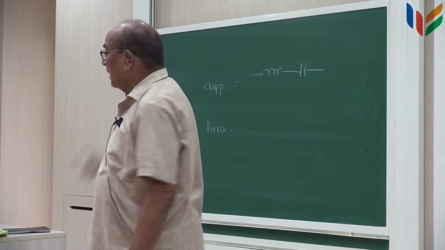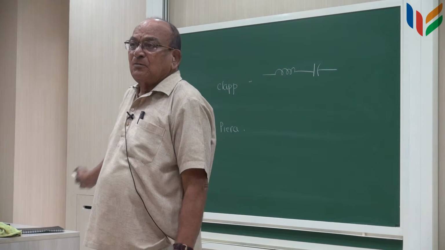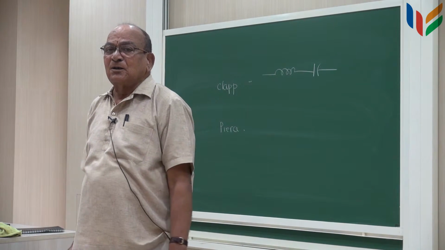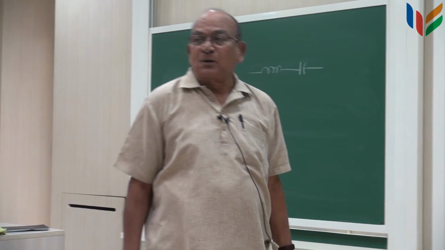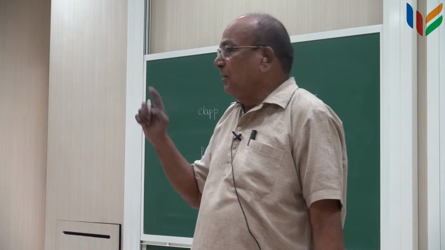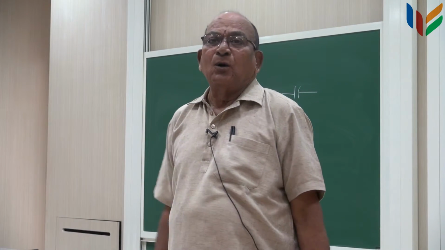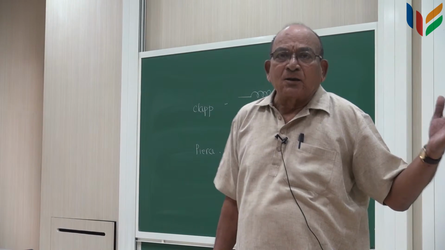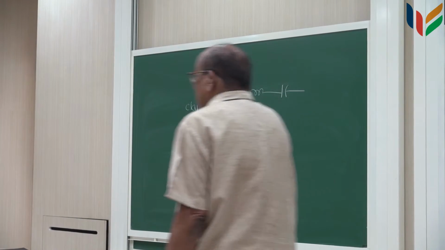That is the reason the Clapp oscillator is used, because the incremental change in the reactance with respect to change in the frequency from the oscillation frequency is so high compared to an inductor. That is where the Clapp oscillator has become important.